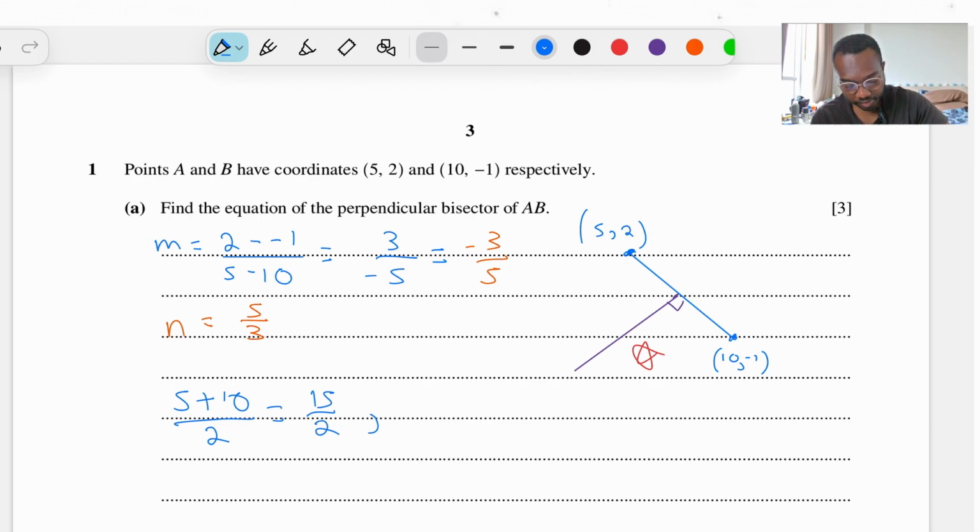And for the other value, again, that would be 2, and then we minus 1, and then divide by 2. And that gives us a half. You just work out the midpoint of those values. So now we know that this point here would be 15/2, or 7.5, and a half.